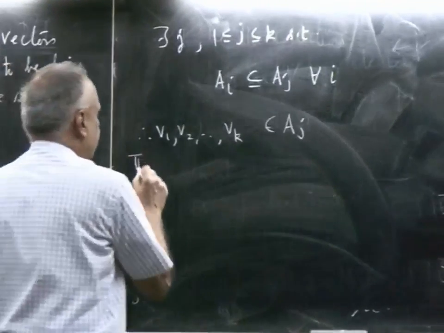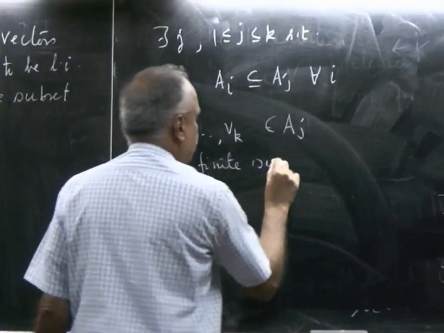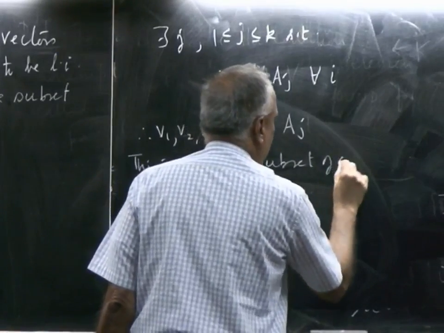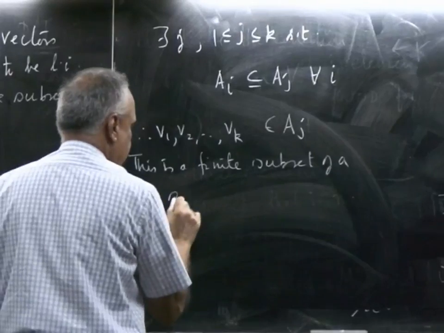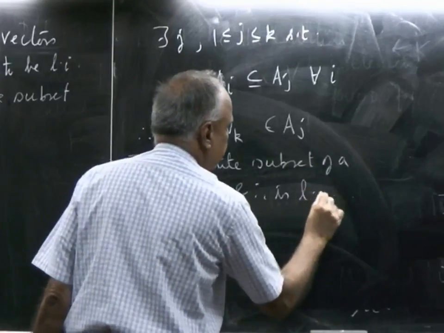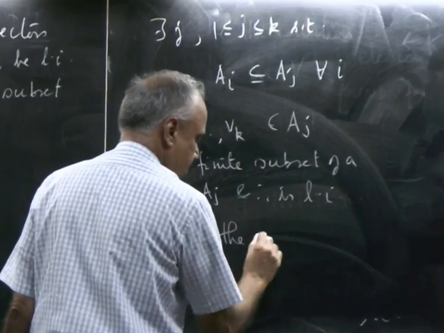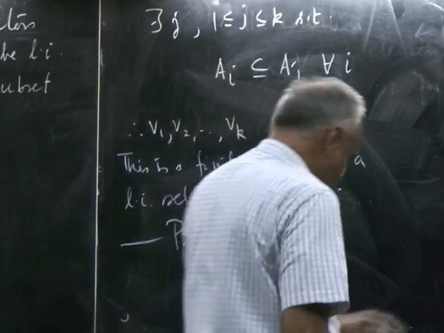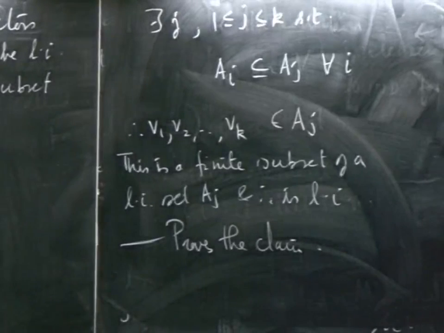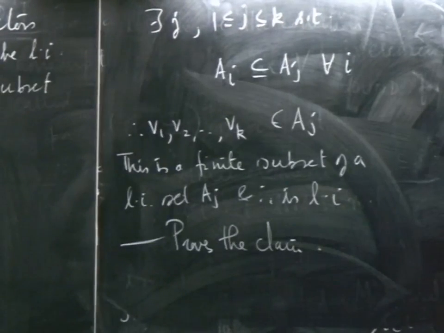This is a finite subset of the linearly independent set Aj and therefore is linearly independent, and that proves the claim. Okay. So that is how we get existence of maximal elements, existence of a basis for a vector space, and so on and so forth.